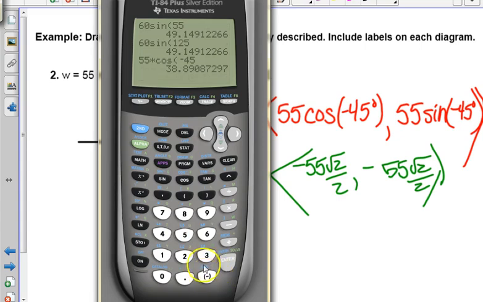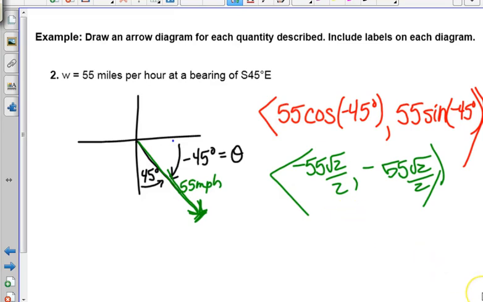And then you did the same thing again with sine. You got the same value, right? Okay, the x was positive because it was going to the right, and the y was negative.